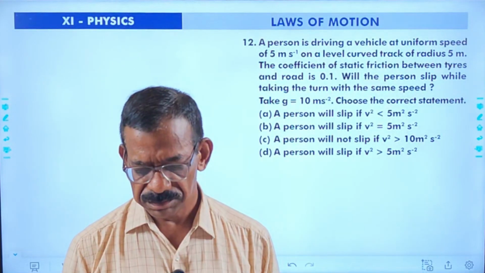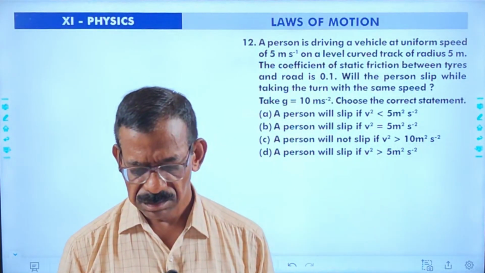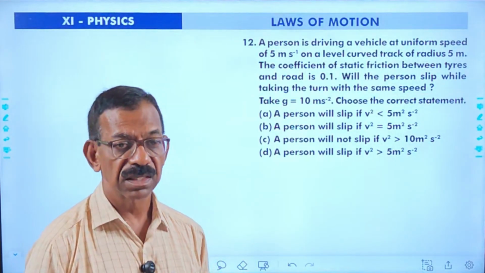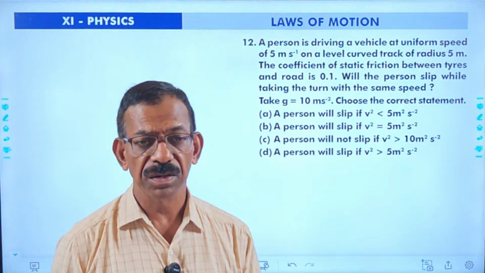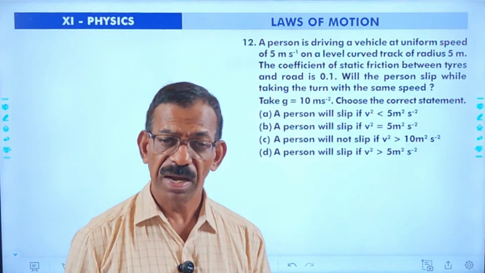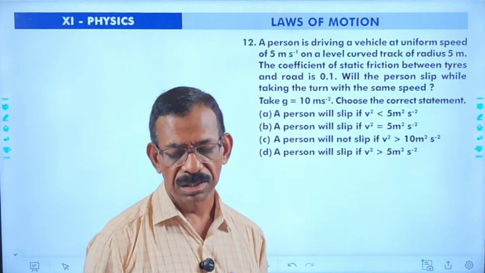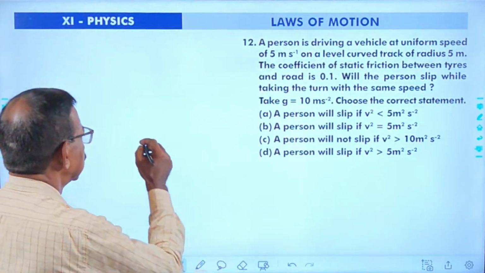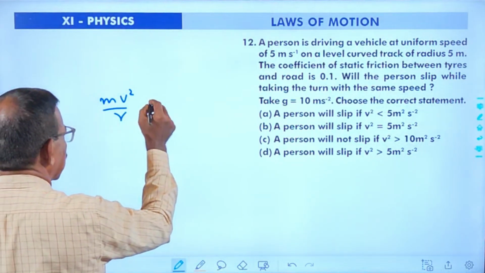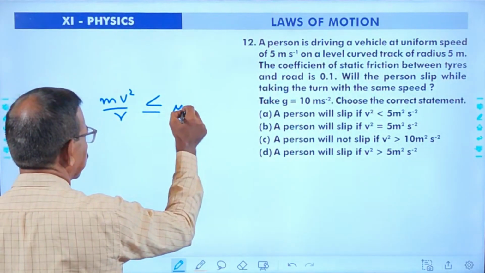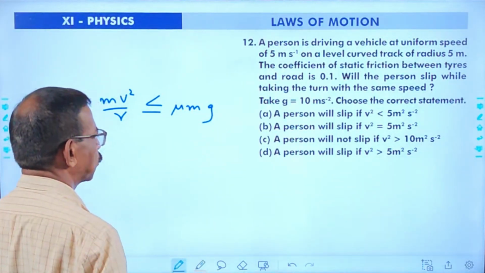We have to find the safe velocity so as not to skid out. Since it is moving along a curved path, there is a centripetal force, and a tendency to move out of the curve. Hence, we apply the relation mv square by r less than or equal to mu mg. Mu mg is the force of friction.